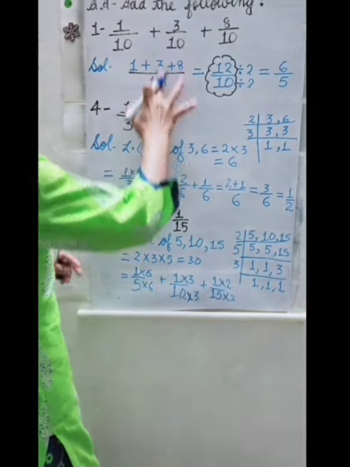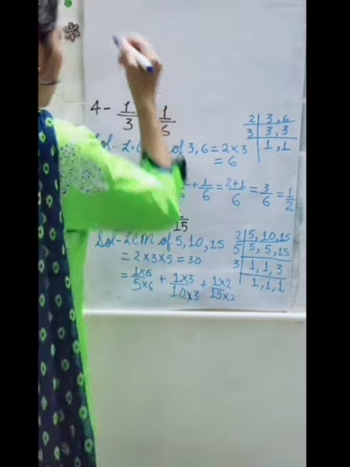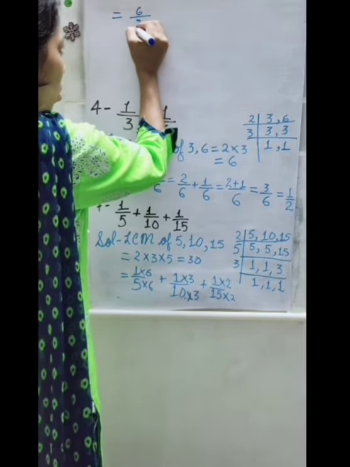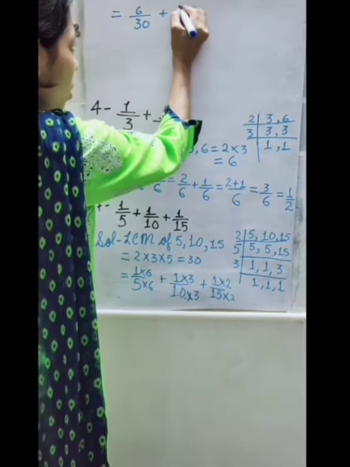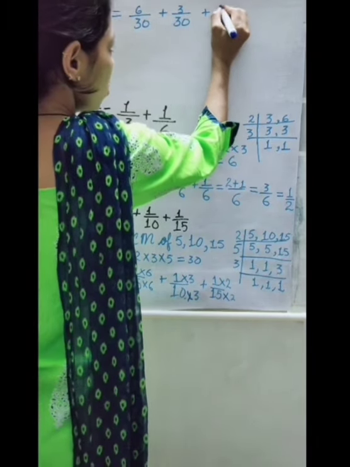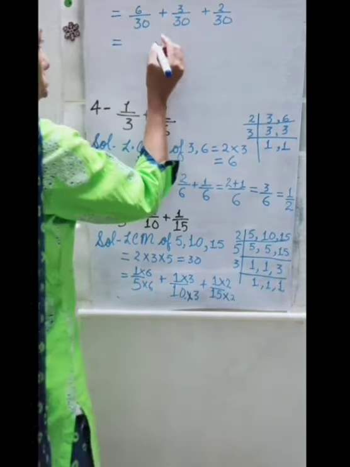For next step, I have to erase this. Till that time, you can note it down. So in next step, we will get 6 by 30 plus 3 by 30 plus 2 by 30. Now as you can see, denominator is same.